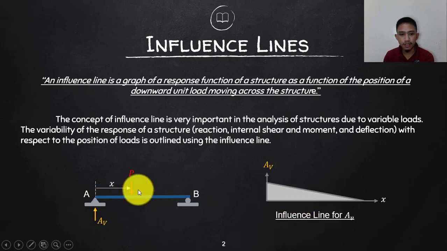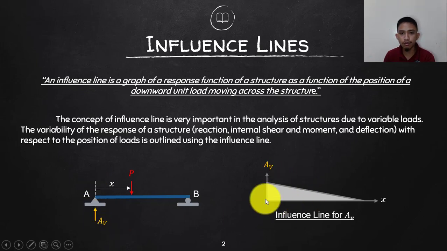It means that the vertical reaction at A is maximum if that P is exactly on top of that support, and that will be 0 if your load is exactly on top of B, because of course your B will now receive the entire force P. Therefore, your reaction A that we are focusing on will have no effect.